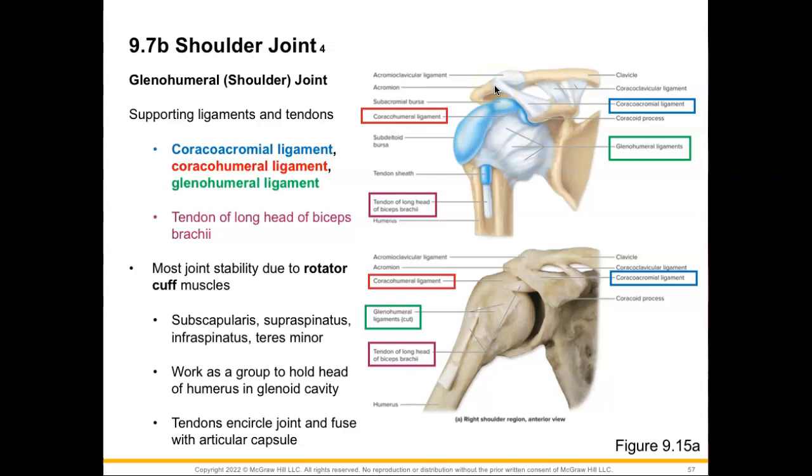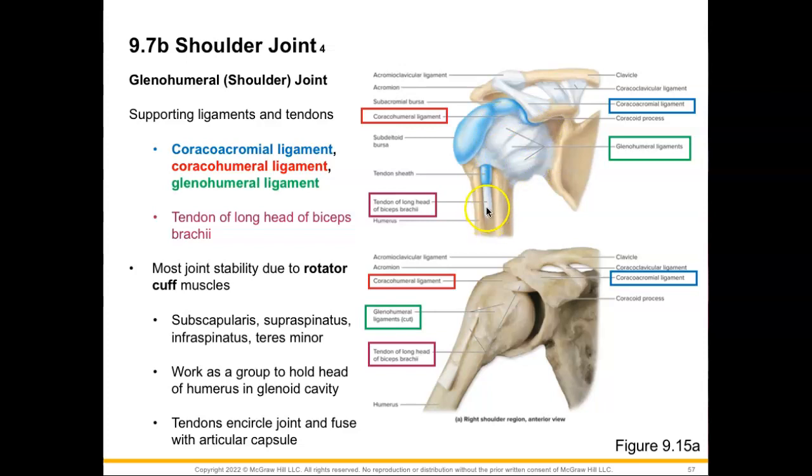Then we have the coracohumeral ligament, which is attaching to the coracoid process and to the humerus itself. And then our glenohumeral ligaments are going to attach from the glenoid cavity over to the humerus. And there are a couple different ones, just know them collectively for now.